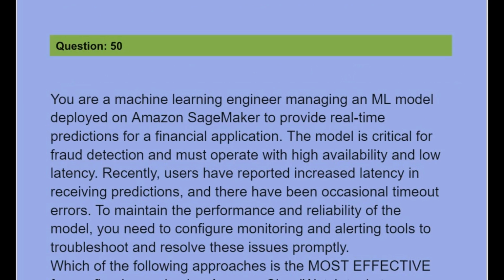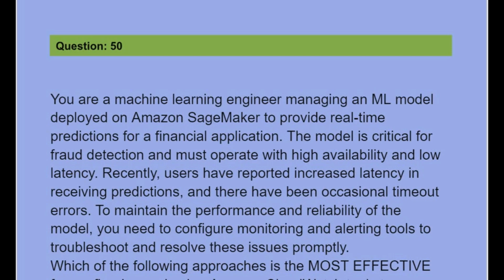Question is, you are a machine learning engineer managing an ML model deployed on Amazon SageMaker to provide real-time predictions for a financial application. The model is critical for fraud detection and must operate with high availability and low latency. Recently, users have reported increased latency in receiving predictions and there have been occasional timeout errors.